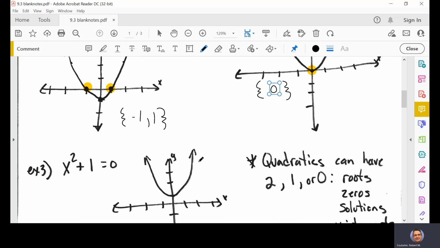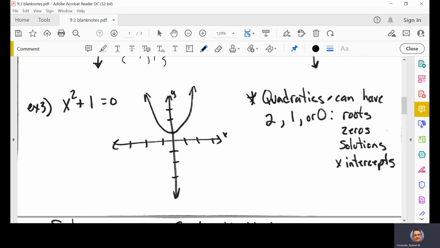What else do they have for us? Again, quadratics can have 1 solution or no solutions, also known as zeros, solutions, x-intercepts. All of this means the same thing. Where does this graph touch the axis? Nowhere. It doesn't touch at all.